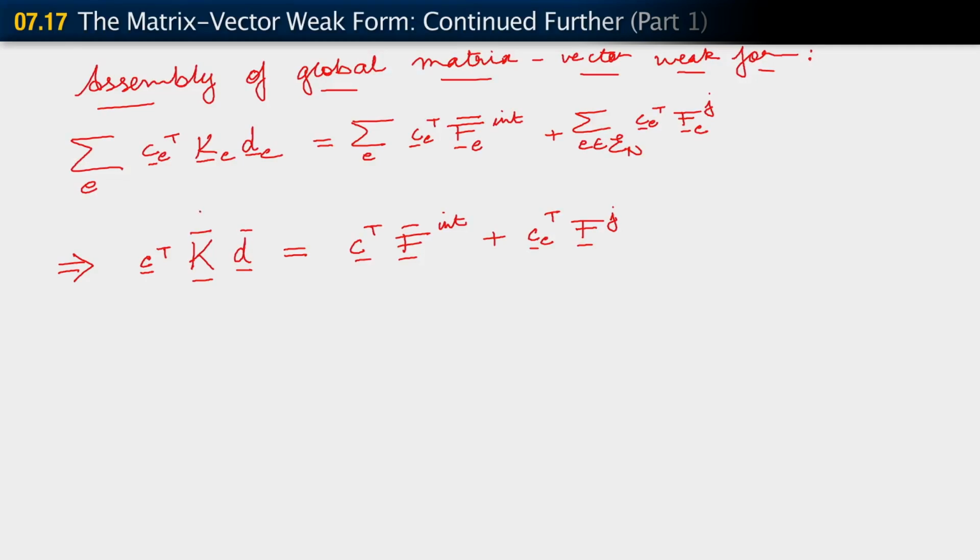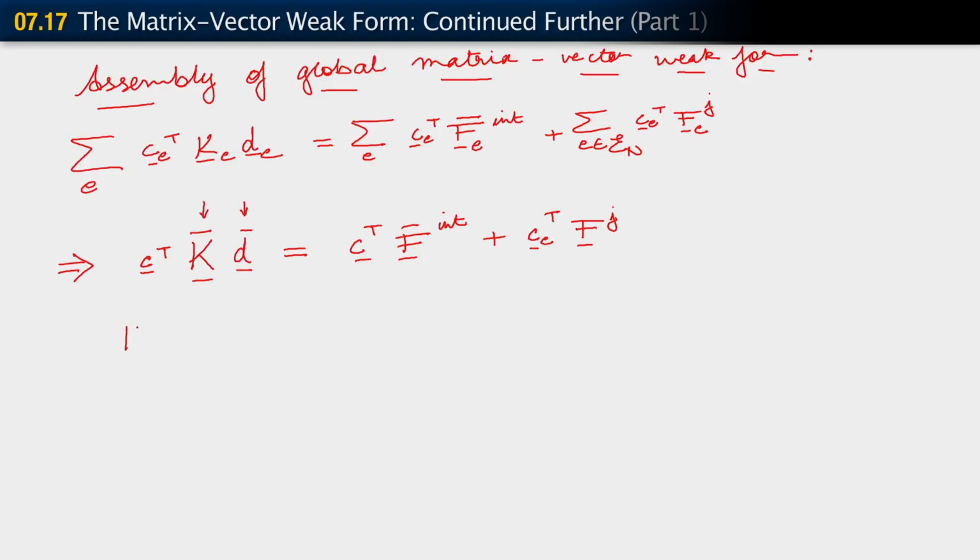The reason I've introduced bars here is something you may recognize from our treatment of the one-dimensional problem. We know that we still need to account for the proper handling of Dirichlet boundary conditions, and when that is done, you will recall that the matrix in place of K bar as well as the vector in place of D bar are going to be a little different, right? They'll have different sizes, okay? And it's just to leave us that freedom that I'm calling these K bar now. Okay, let's first look at what K bar itself is.